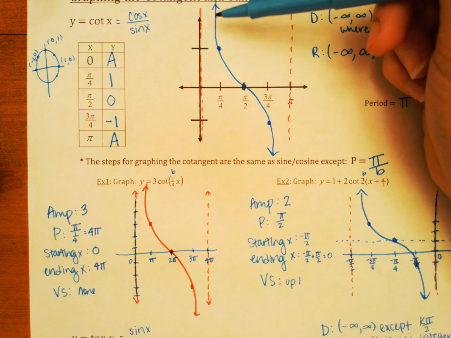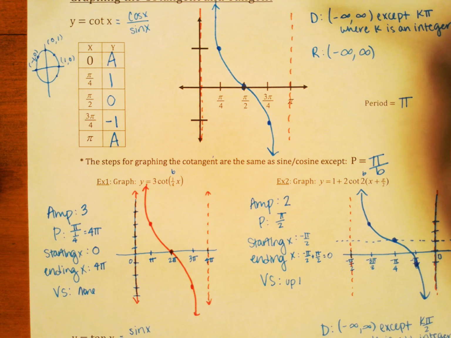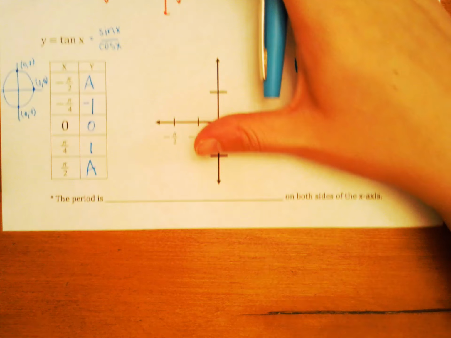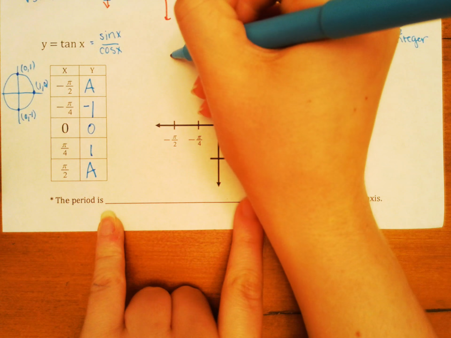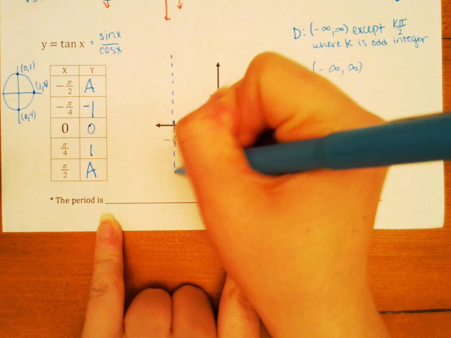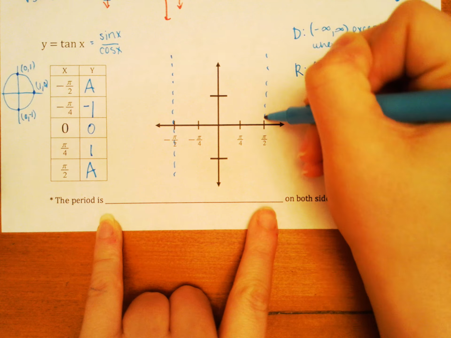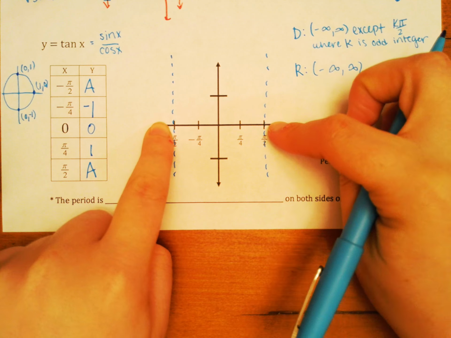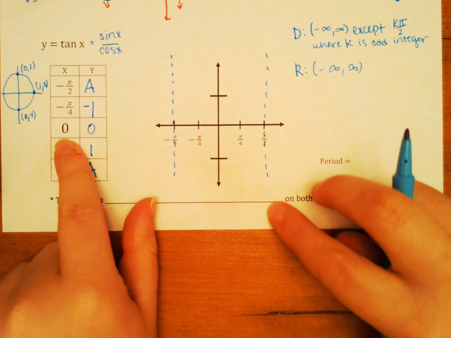So instead of going down, tangent will actually be going up. And our asymptotes are just at different x values. So we have asymptotes at negative pi over 2 and pi over 2, which is like our first and our last critical value, but we always start with our critical value of 0.